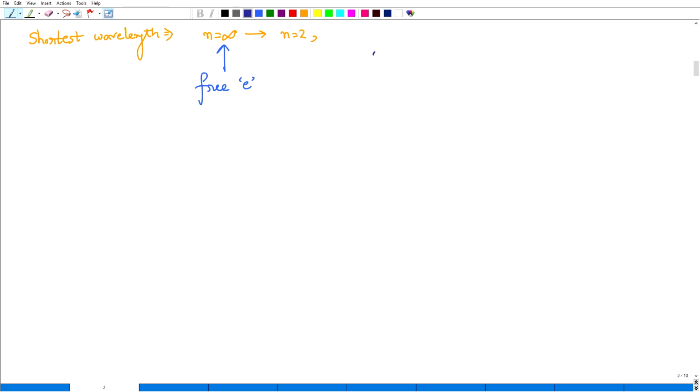What is the formula? 1 by lambda equals R into (1 by 2 square minus 1 by infinity square), and it's straightforward. Infinity square is 0, so it's really R by 4, and R is 109737 centimeter inverse, divided by 4.